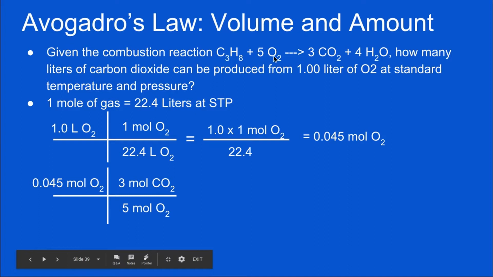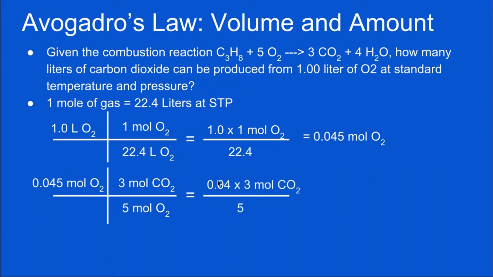Here I have 5 moles of O2 will change to 3 moles of CO2 according to my balanced chemical equation. All right, so turn that into the calculation, where we get 0.045 times 3 moles of CO2 divided by 5. If you put that through your calculator, you should get the result of 0.027 moles of CO2.